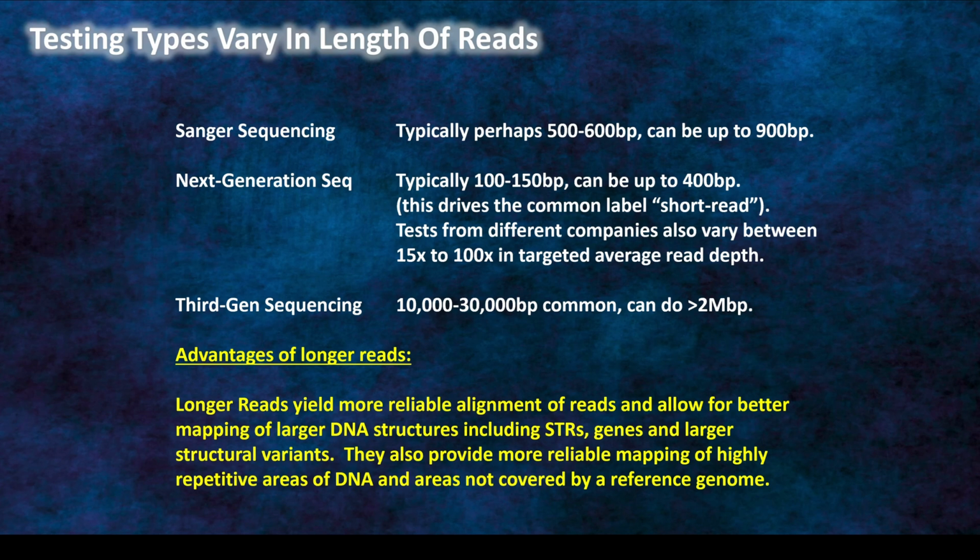Why is that important? Well, longer reads yield more reliable alignment because you're working on basically bigger puzzle pieces. So it's the equivalent of going from a 1,000,000-piece puzzle down to a 1,000-piece puzzle or something like that. So that allows the software, after the test has been performed, to map the larger DNA structures better and to more reliably put your DNA back together again with fewer gaps.